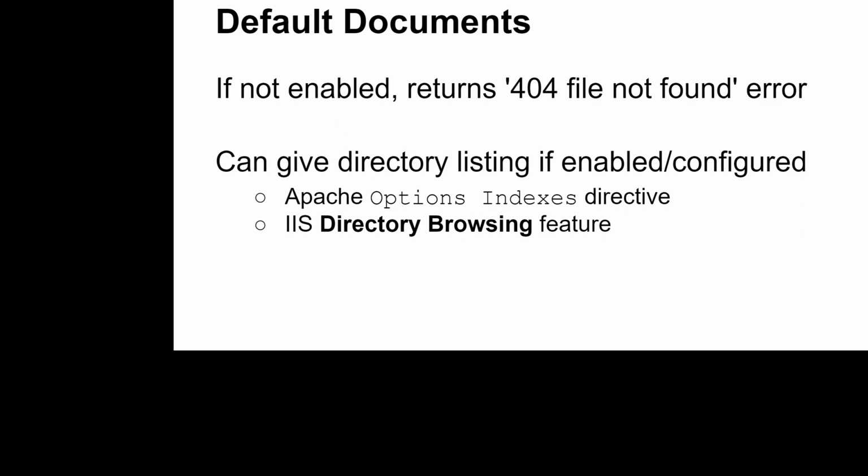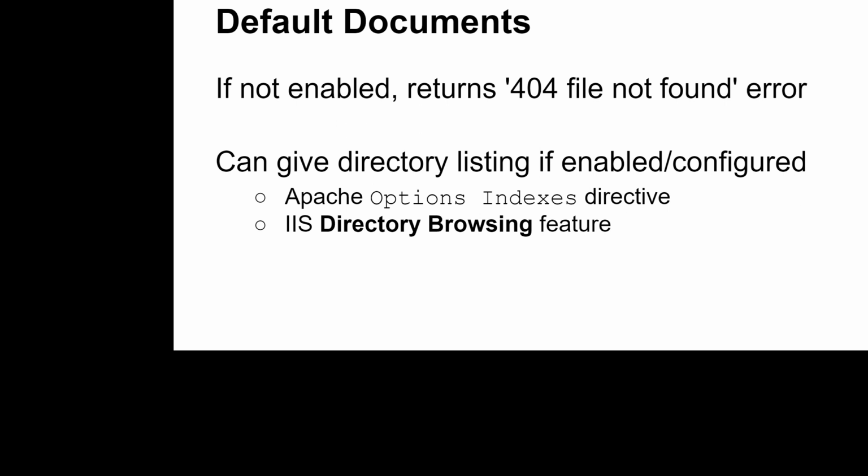So if it's not enabled, expect a 404 not found. If it is enabled, then you should get one of the documents in that list, preferentially in the order in which that list is specified.